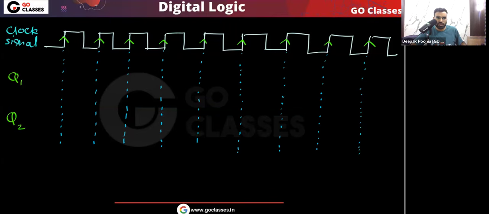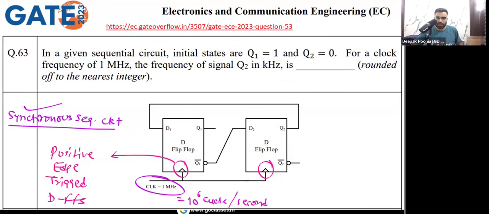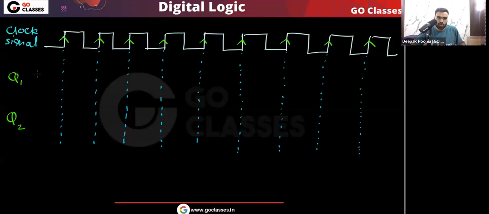Now the question has already given that initially Q1 Q2 is 1 0. So initially Q1 is 1 and Q2 is 0.